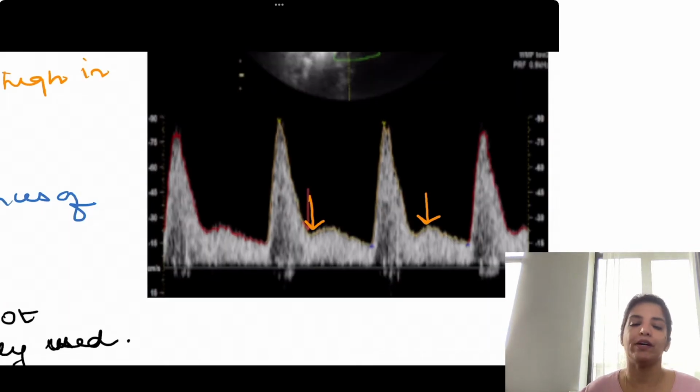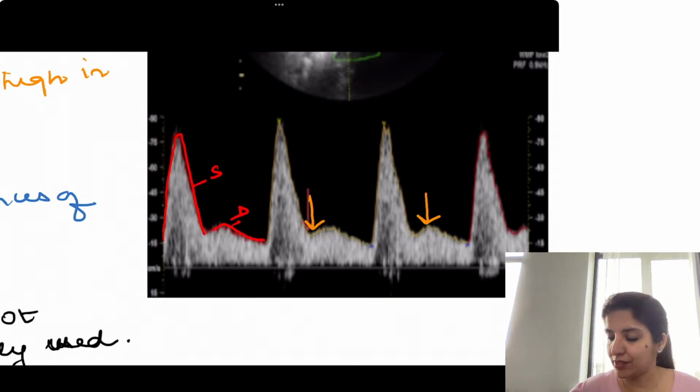Now this over here is a uterine artery Doppler. In the uterine artery Doppler, can you see these orange arrows which I have marked? This is what is a diastolic notch. So this is the systolic phase, this is the diastolic phase and this is the notch.